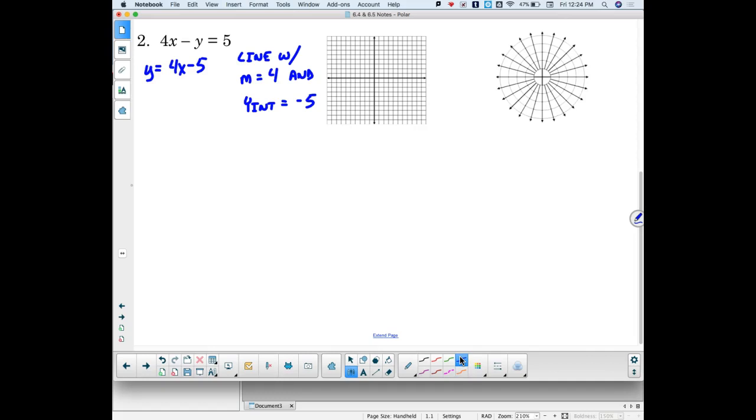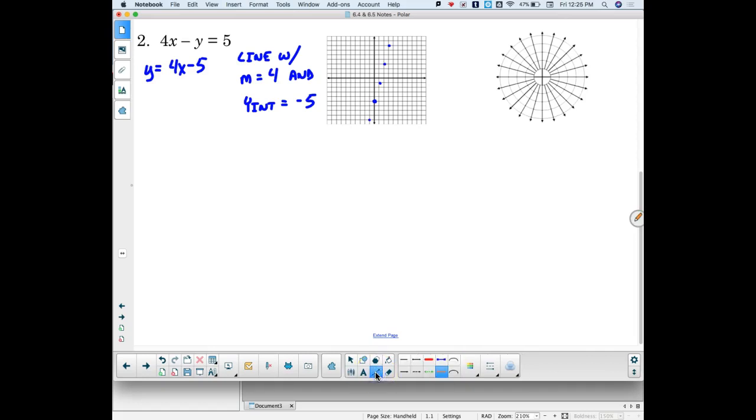On a rectangular graph, that means I go down 5 from the origin, and then from that point I go up 4 and right 1. Or I could go down 4 and left 1.